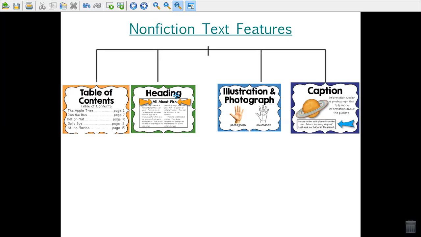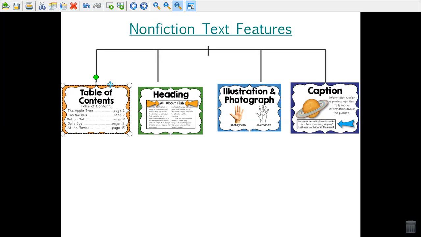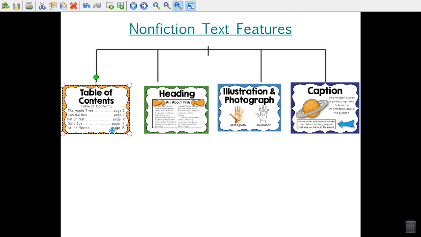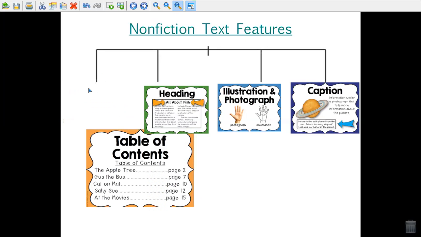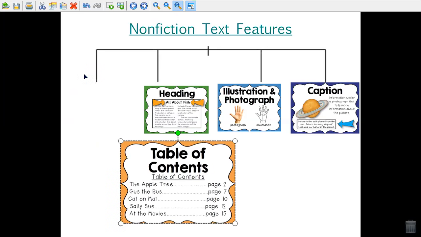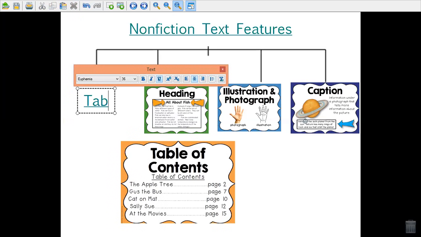We're going to have our very first one. And our very first one is this one, table of contents. And the table of contents is going to go under our very first branch. So go ahead and write your title. Oops, a little too big. And I'm just going to do it for this first one. And then you guys will know what I'm expecting.